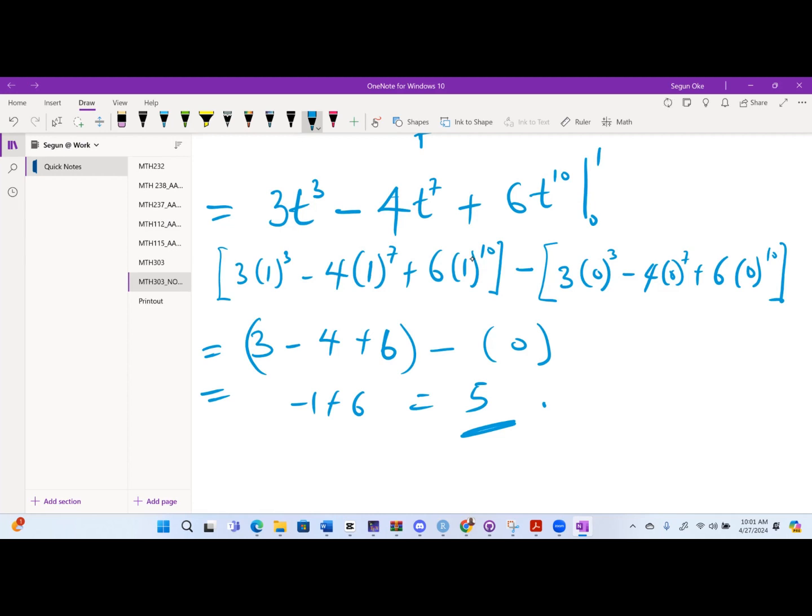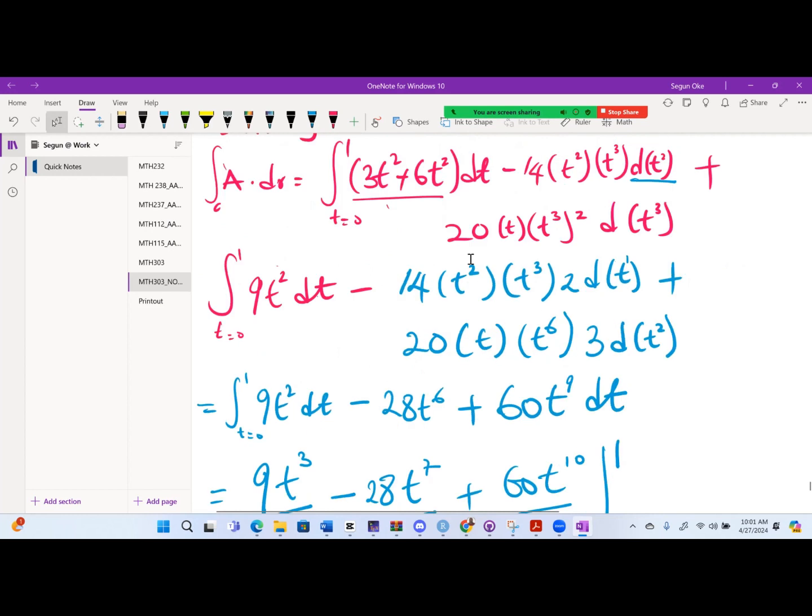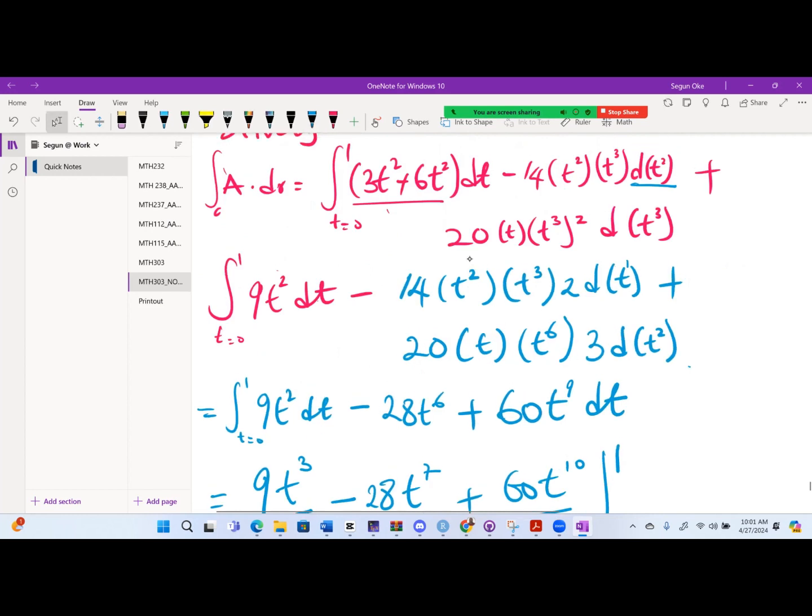So I have a question, please. Go ahead. Before you started integrating, the line before you started integrating, where you have 28t raised to power 6, why is it that there is no dt? It is an omission.